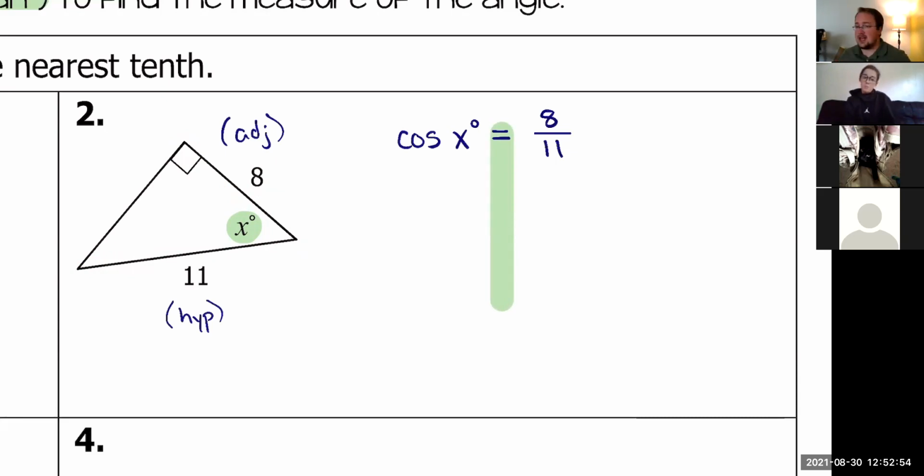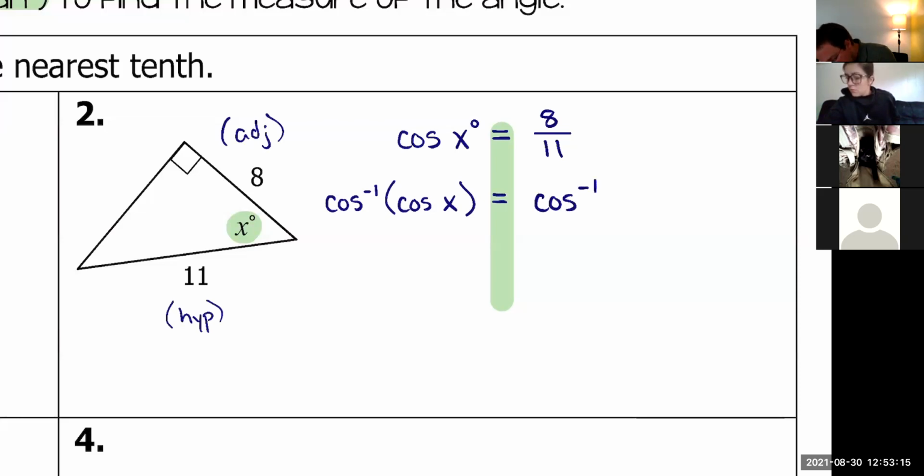Same goal, just trying to get x by itself. It is trapped inside of the cosine, so we do the opposite of cosine. That is the inverse cosine. So inverse cosine of the entire left-hand side means I also have to do the inverse cosine of the entire right-hand side.